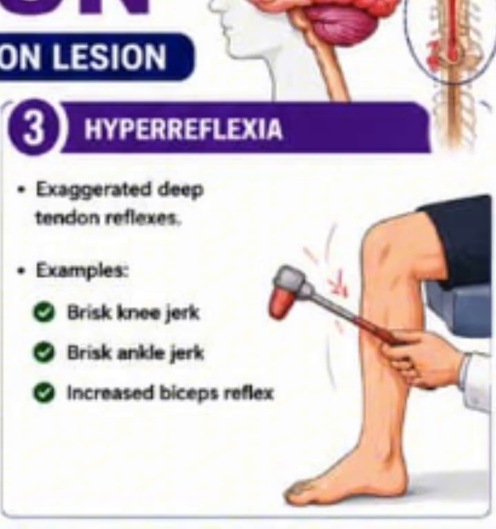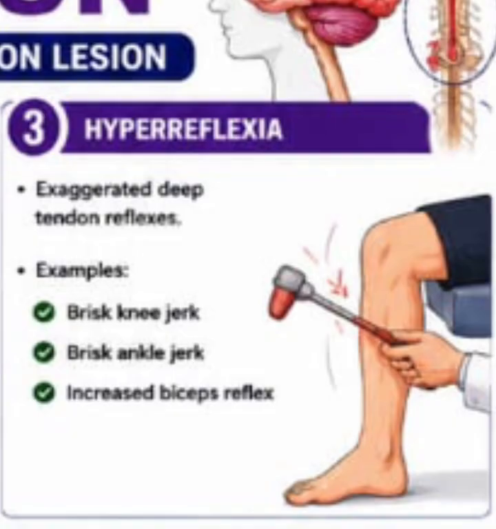If you try it on the knee, you will see a brisk knee jerk. If you try it on the ankle, you see a brisk ankle jerk. If you try it on the biceps, you see an increase in biceps reflex. In another video, I'll do the deep tendon reflex and make a video of it.